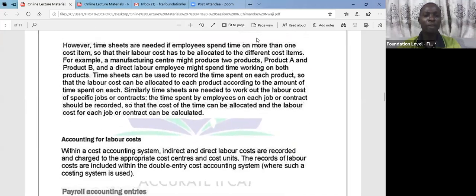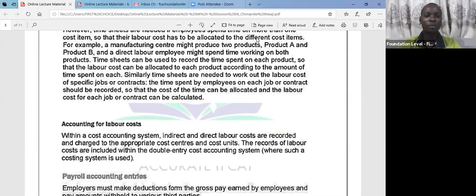How do we account for labor costs? Within a cost accounting system, indirect and direct labor costs are recorded and charged to the cost centers and to the cost units.